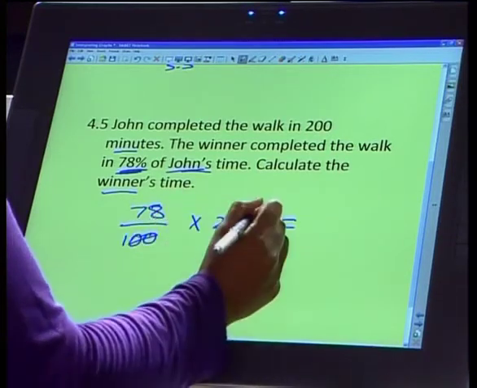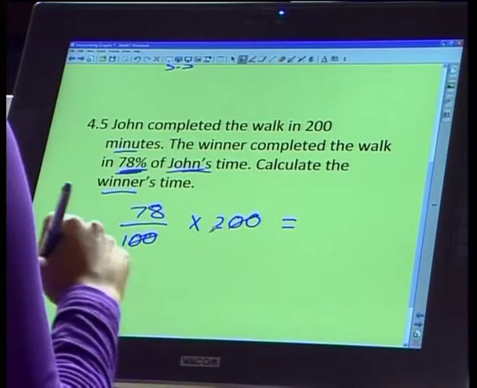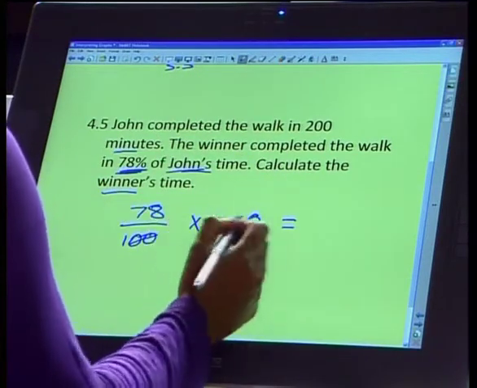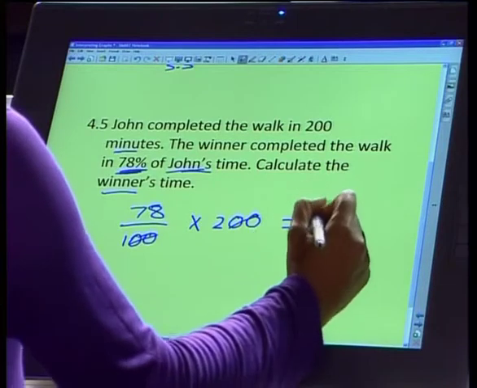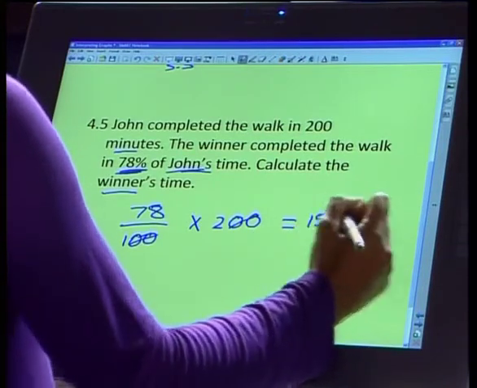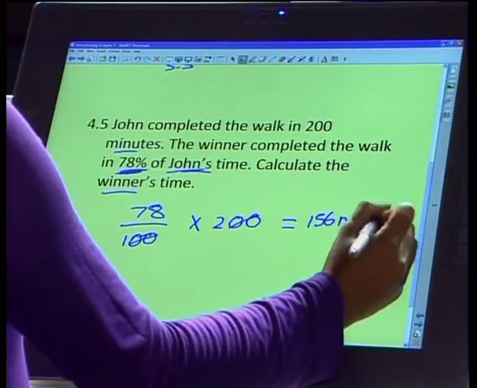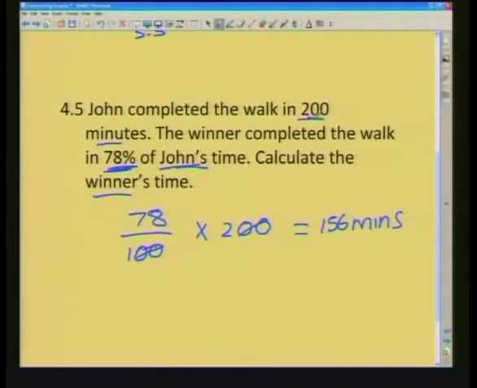So we can do that on our calculator, and 78 over 100 times 200 would give you an answer of 156, and here we are talking about minutes. Since John completed the walk in 200 minutes, the winner would have completed it in 156 minutes.